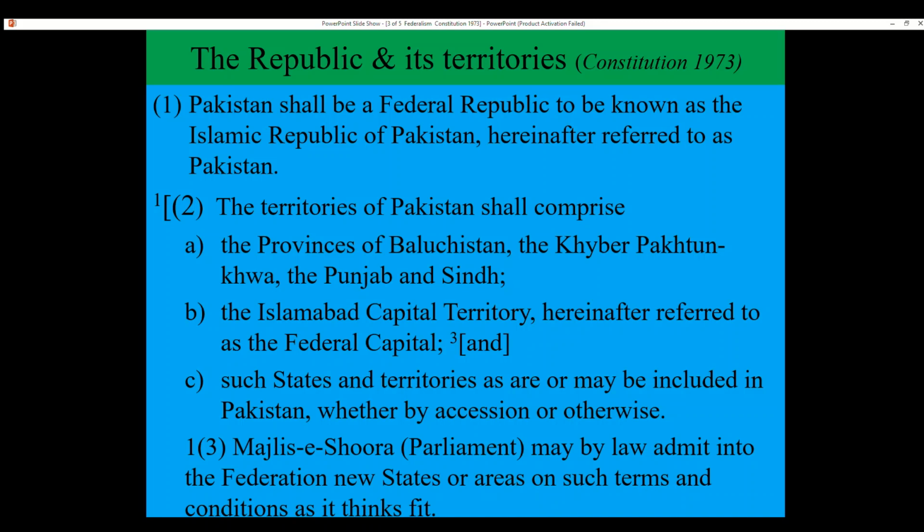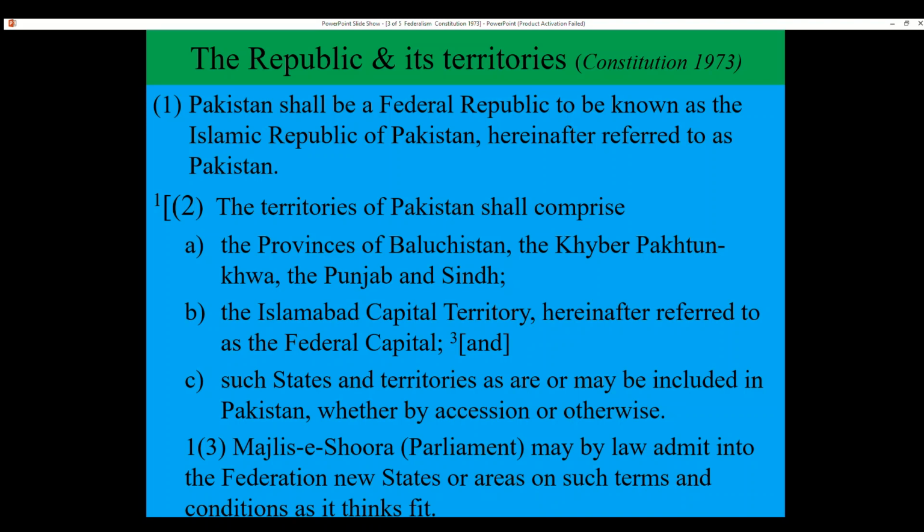Subclause B, the Islamabad Capital Territory, hereinafter referred to as the Federal Capital. And subclause C, such states and territories as are or may be included in Pakistan, whether by accession or otherwise.